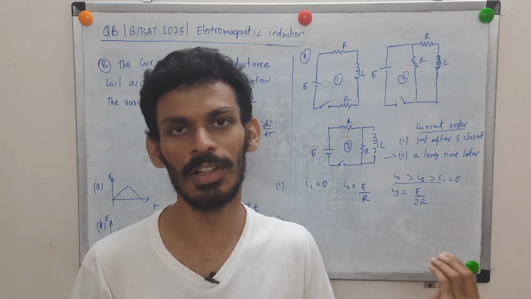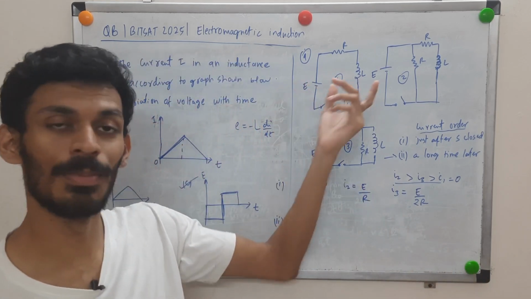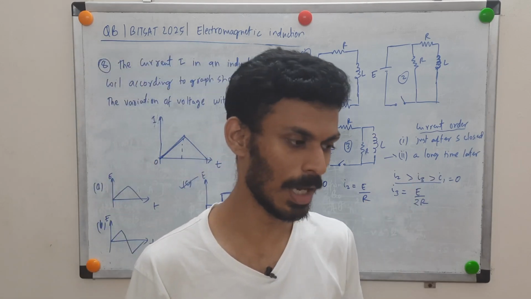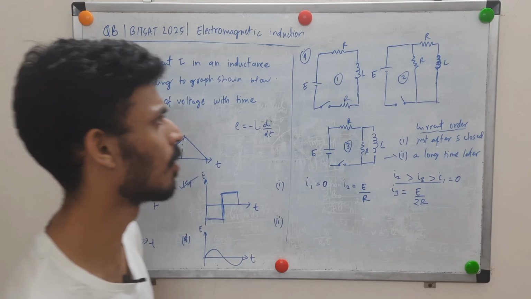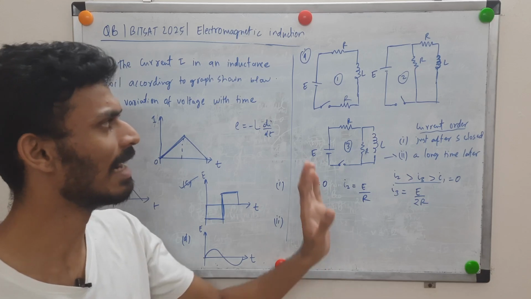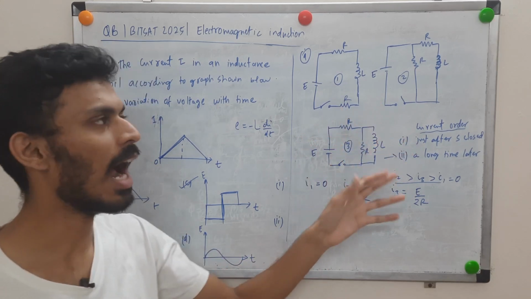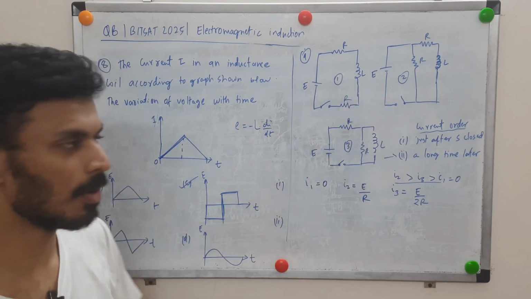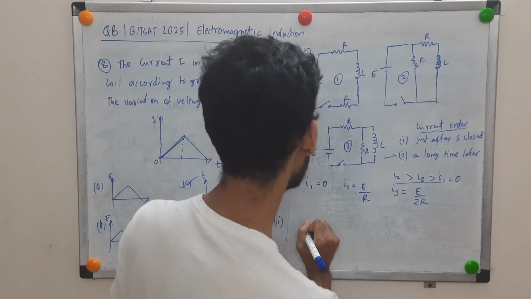So a steady current will flow, which will also depend on the impedance, or what is it called, reactance of the coil, but we will treat it as ideal and will consider the reactance of the coil to be 0. We will only consider the resistance in this case.